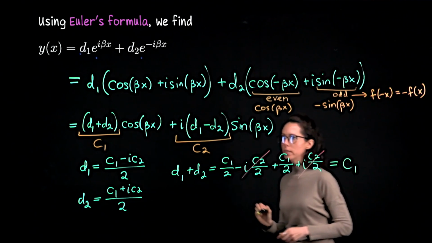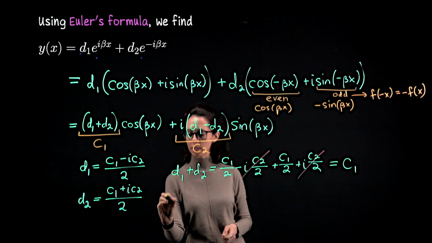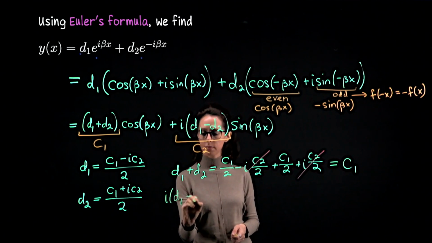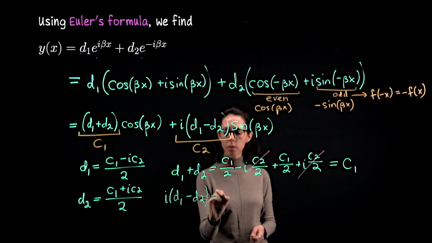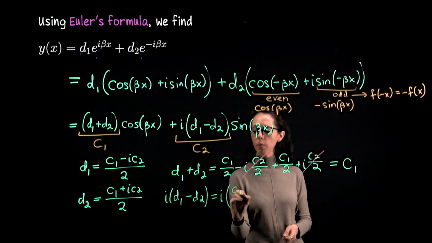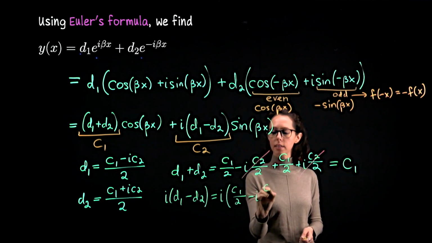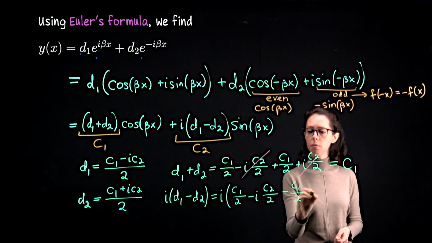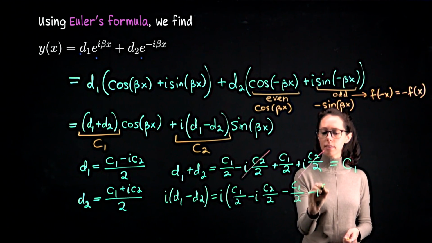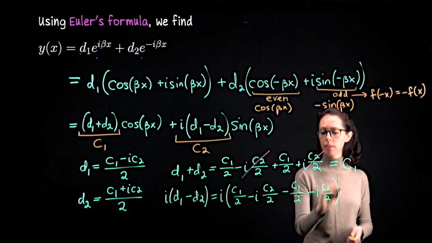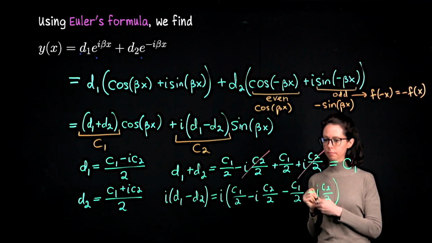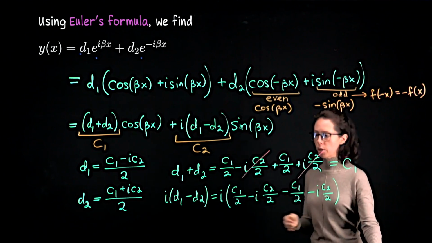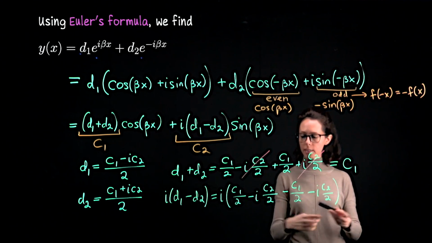On the other hand, what is i times d1 minus d2? That's going to be i times c1 over 2 minus i c2 over 2 minus c1 over 2 minus i c2 over 2. Okay, like that. This time, the subtraction here causes the real parts to cancel.